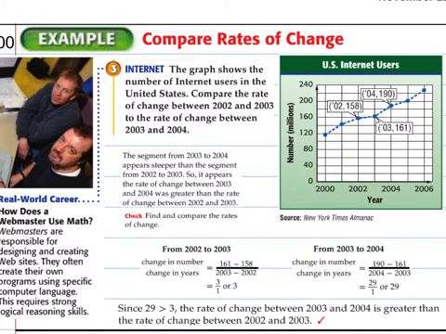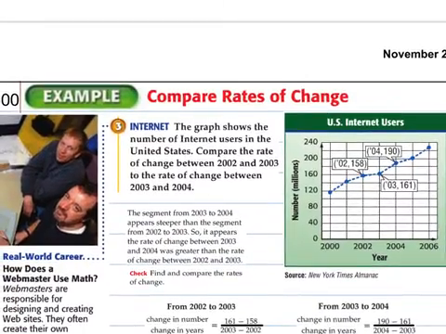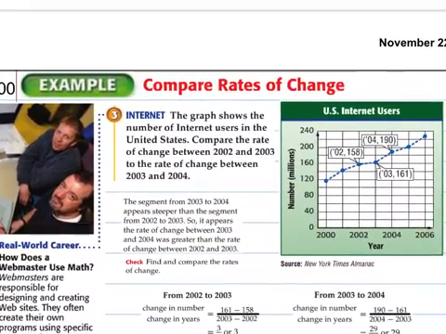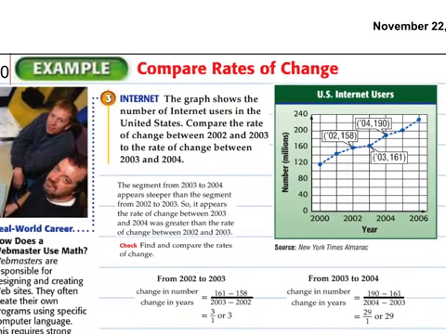So last little bit, and now we're going to talk about how does a webmaster use math in their career. So internet, the graph here shows the number of internet users in the United States. Again, a long time ago, so this has probably really increased. So we want to compare the rate of change between 2002 and 2003 to the rate of change between 2003 and 2004.